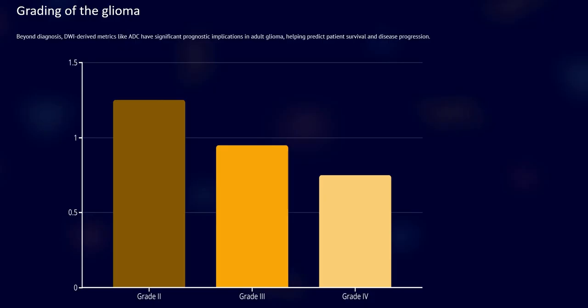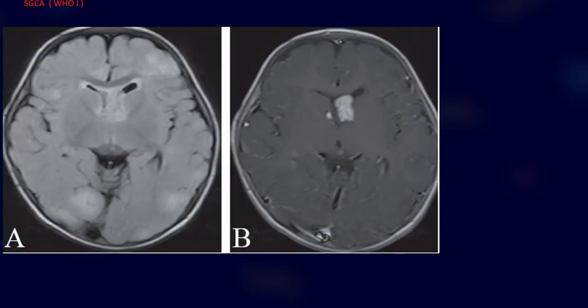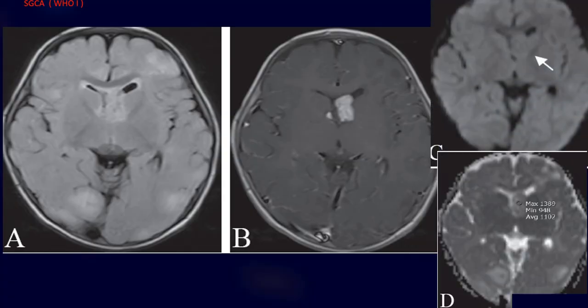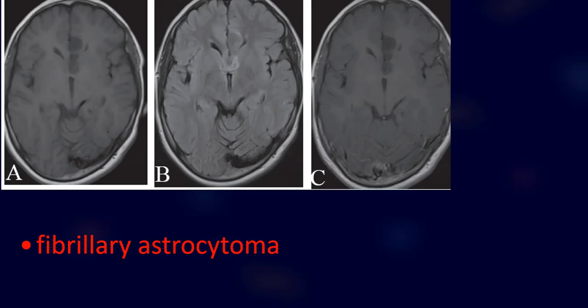Diffusion with ADC is almost the most accurate radiological way to grade the glioma. The higher the ADC value, the lower the grade of the tumor. So low grade glioma shows the highest ADC, while grade 4 shows the lowest ADC. Some examples: this is the subependymal giant cell astrocytoma of tuberous sclerosis showing facilitated diffusion with a calculated ADC of 1.1.